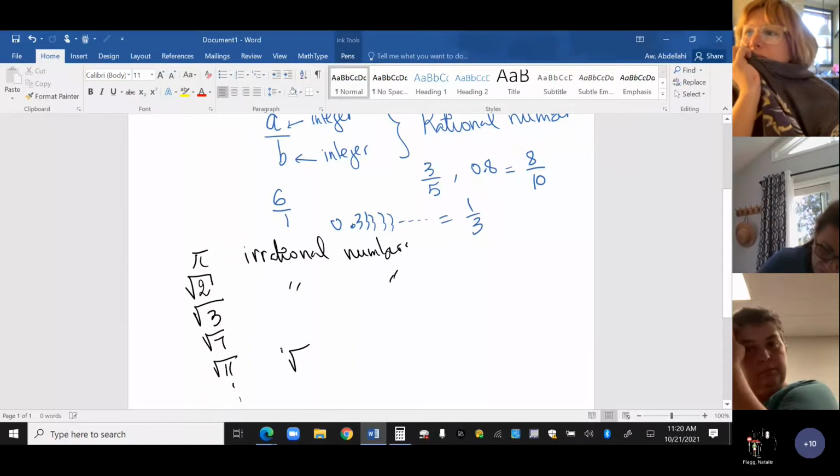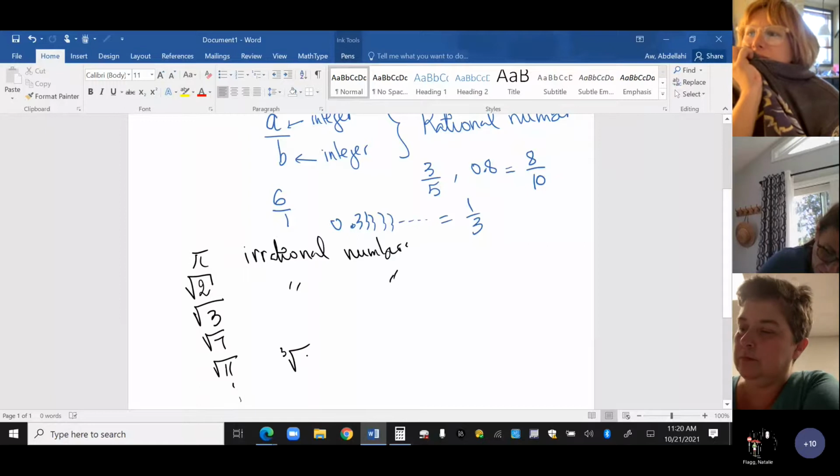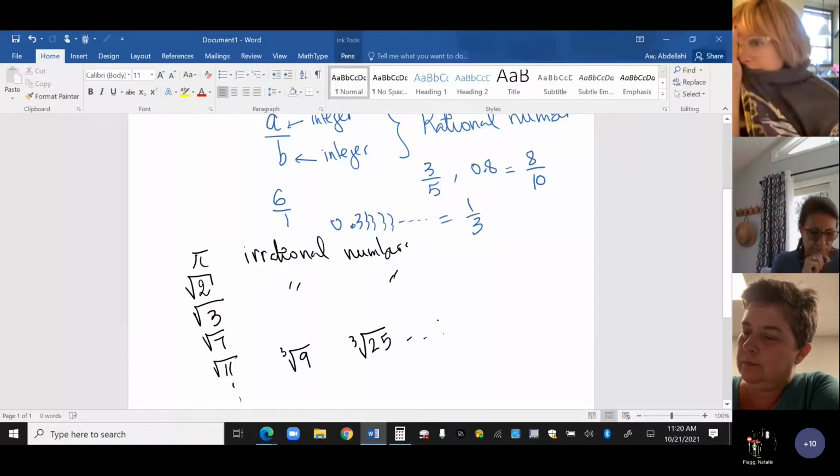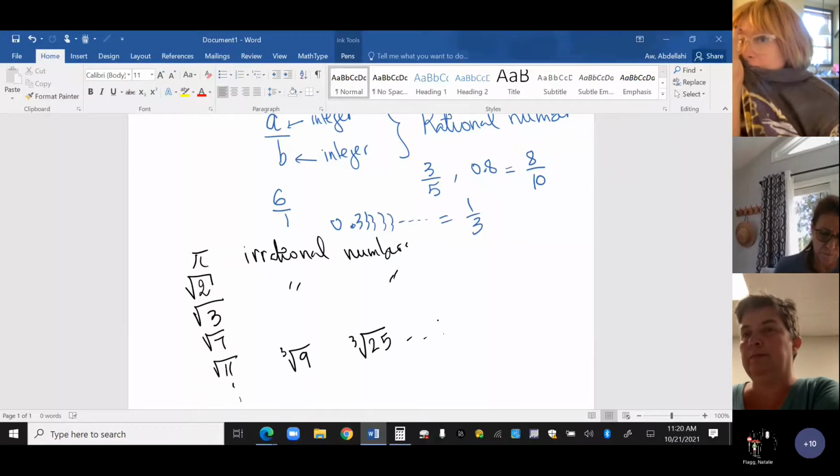Cube root of 8 is an exact number, right? Cube root of 9, cube root of 25, etc. All these numbers are irrational. We cannot write them as fractions.